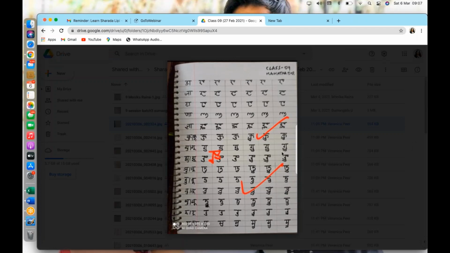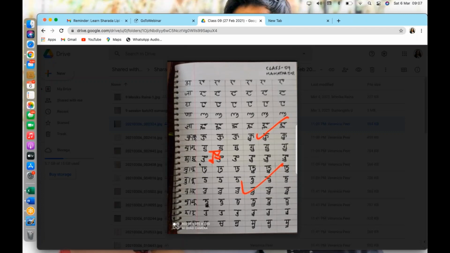So this is the first assignment I'm picking. This is a very nice, clean assignment, neatly written, not many corrections. Just a couple of corrections. In Jhu, if you can see, it is correct. I mean, it shows the correct form.